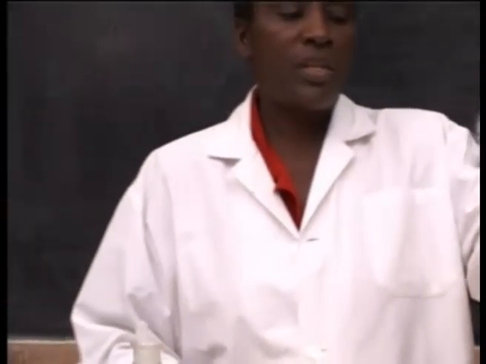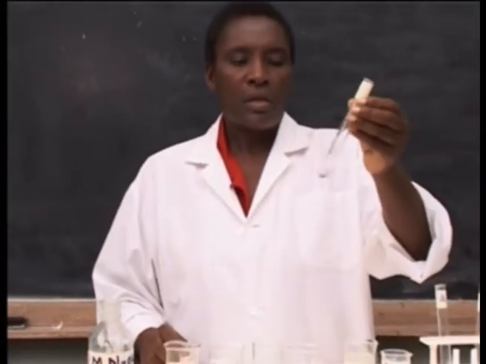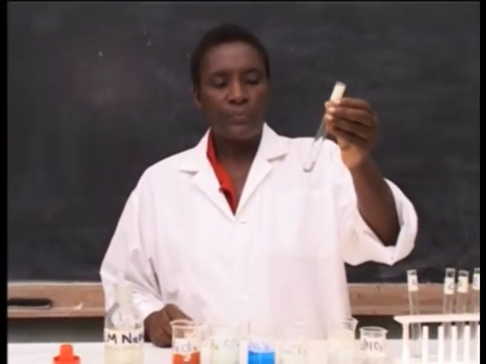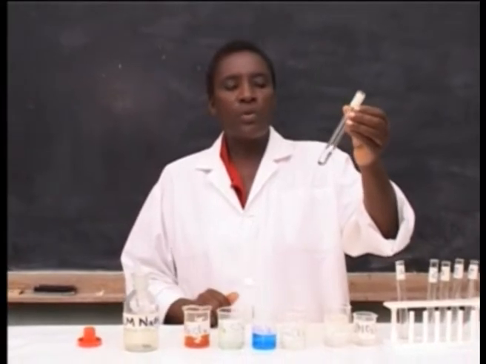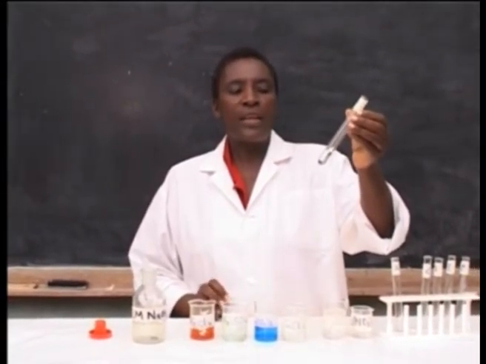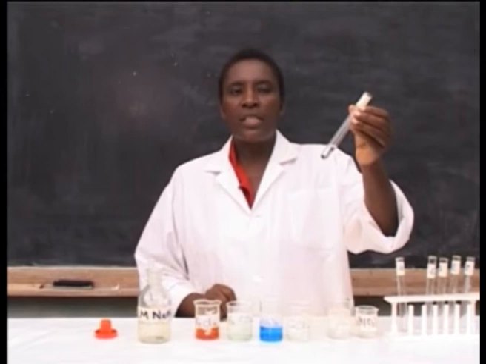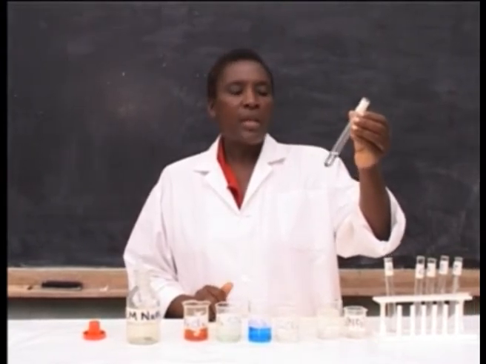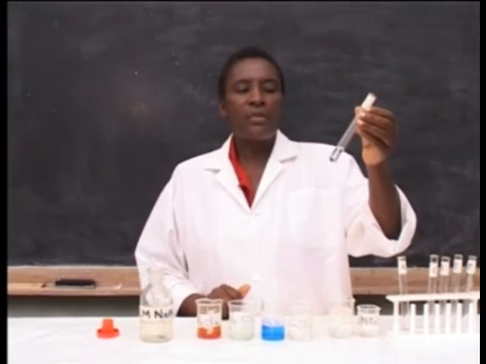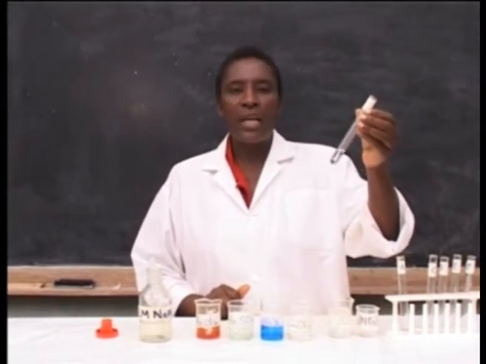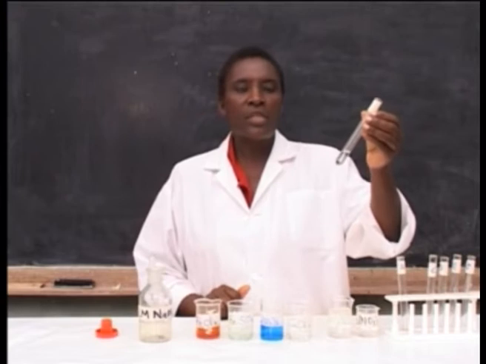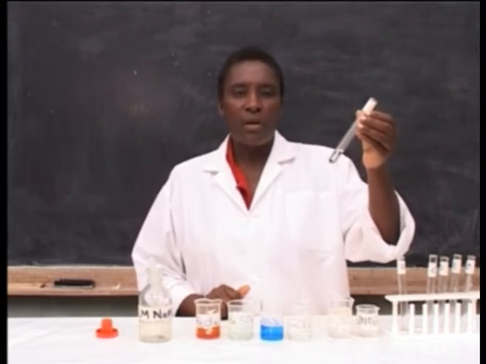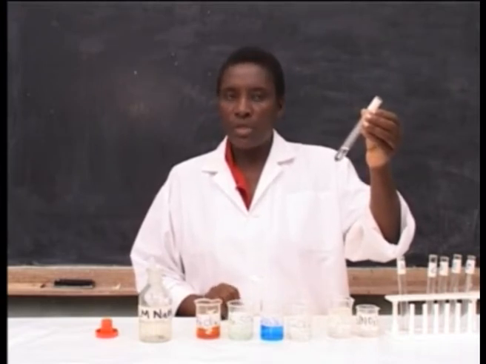Then observe the changes. In test tube B, you will find that in addition of sodium hydroxide solution, there's a formation of zinc hydroxide, which is soluble in excess of sodium hydroxide solution.